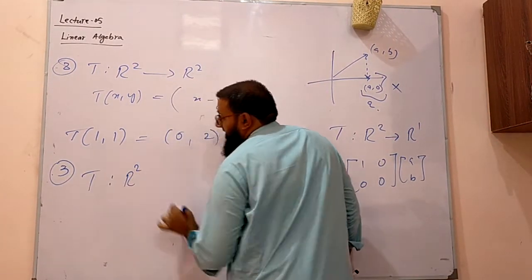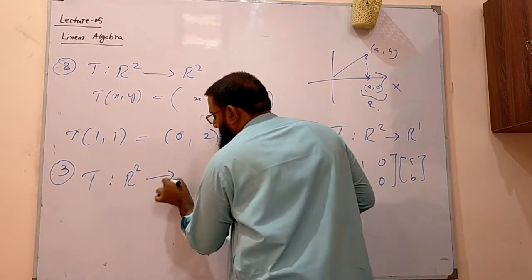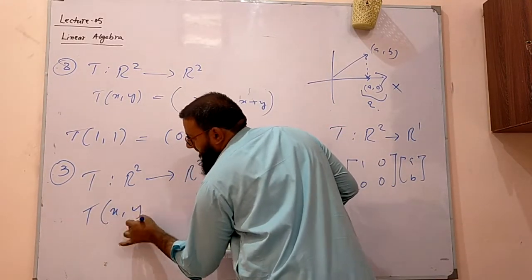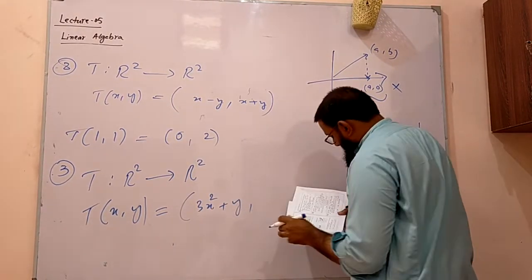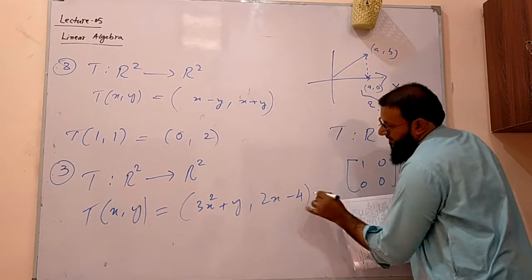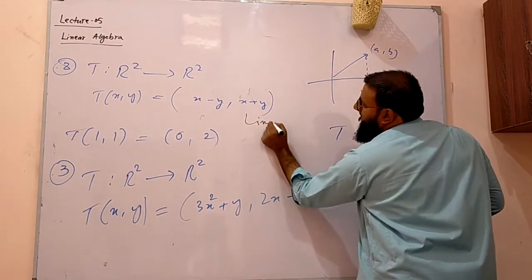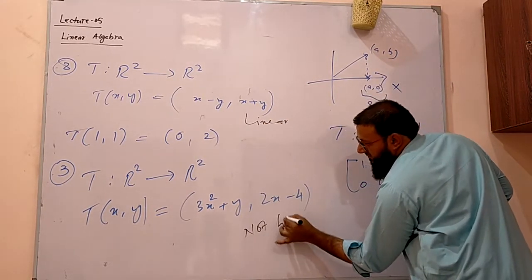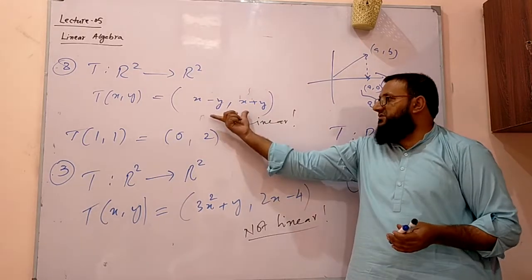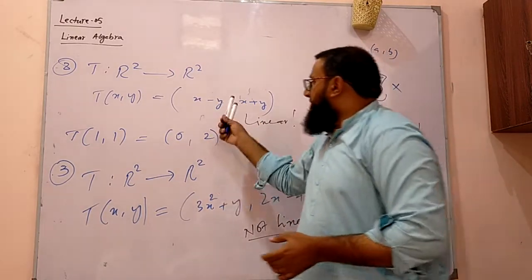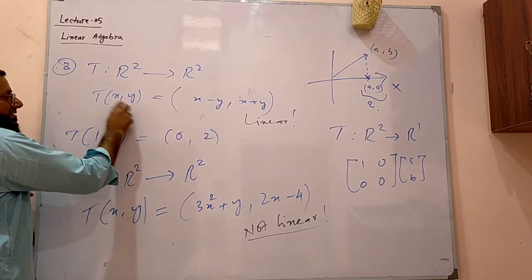So T from, let's say, R2 to R2, and I define T in this way. I define T as (x squared plus y, ...). So this is linear and this is not linear. Can you tell me why? This is a linear transformation, you can check, but readily look at the powers of these variables. What is a vector? Component x, component y.